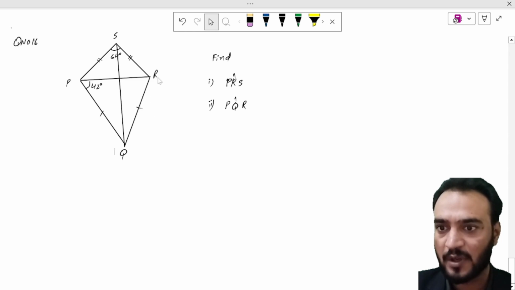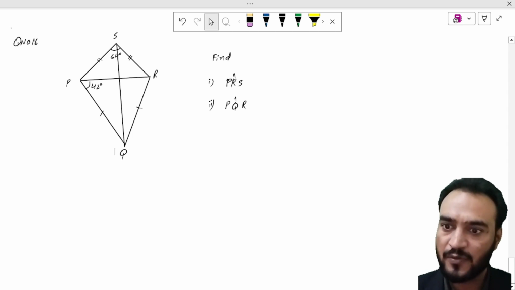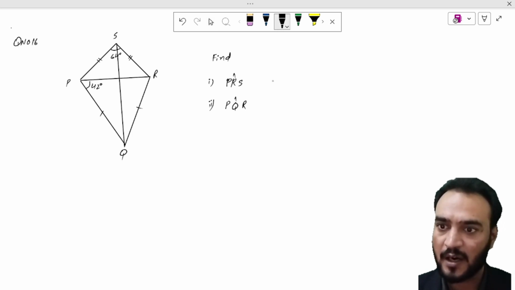Both these lines are equal, and RS is equal to PS. These lines are also equal to each other. We have to find the angle PRS. PRS is this angle which we have to find.